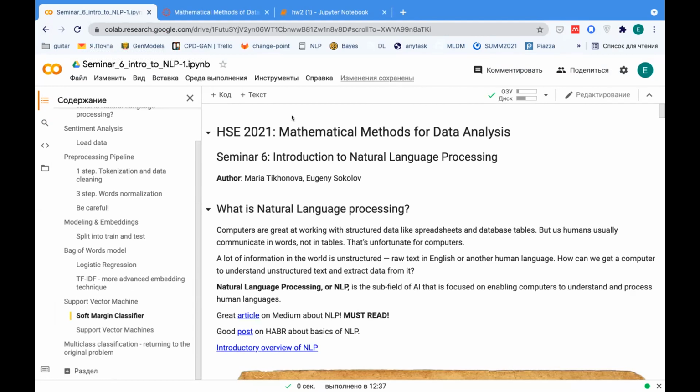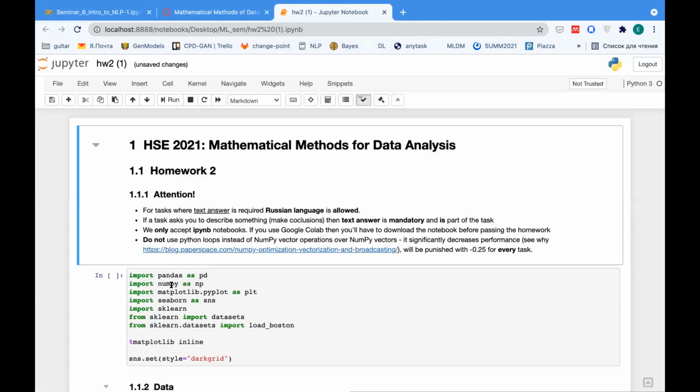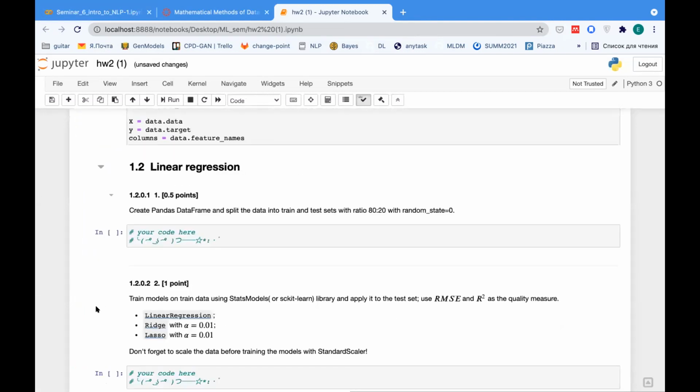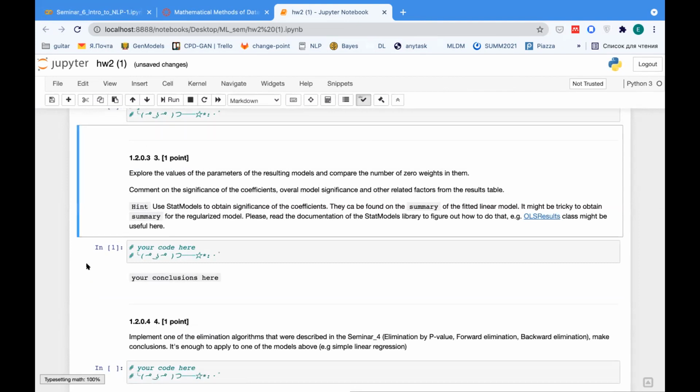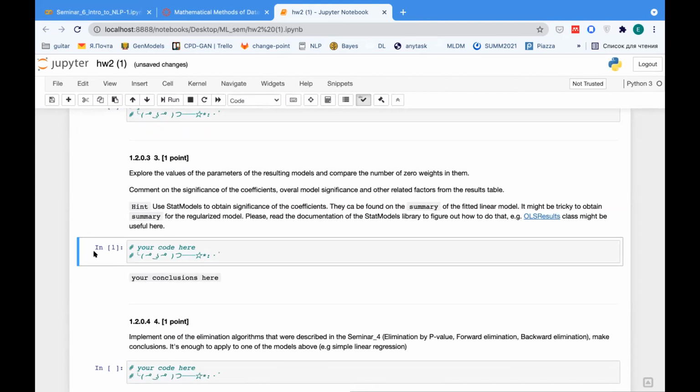Yes, about the homework. Is it possible to ask? Yes, okay, let's discuss it. About the third task. Yes, that one.